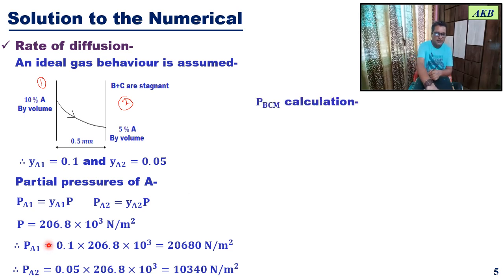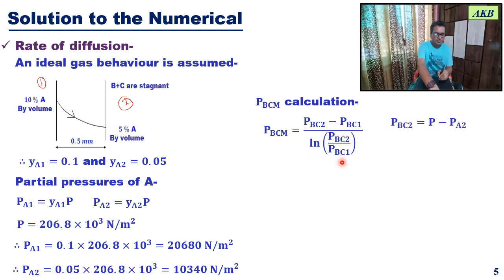Okay. Then the next step is calculation of PBCM. And if you have referred my earlier video, PBCM is PBC2 minus PBC1 divided by ln of PBC2 by PBC1. How to get PBC2? PBC2 is total pressure minus partial pressure of A at the second plane.